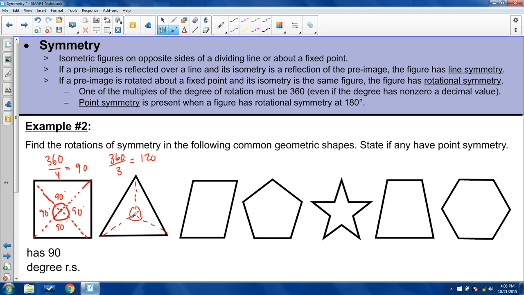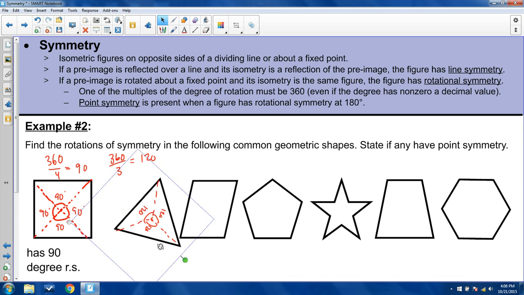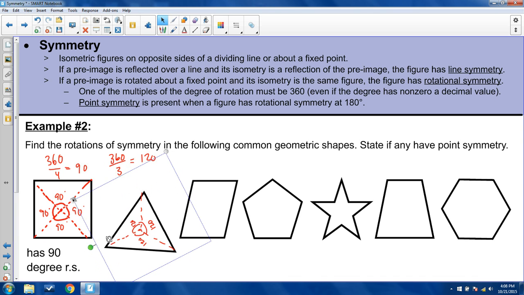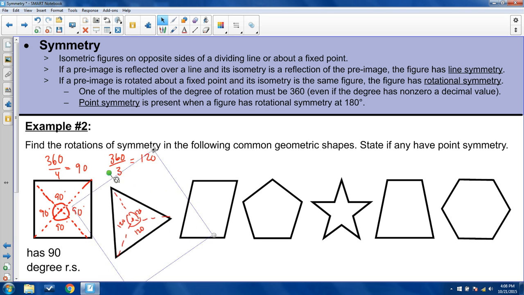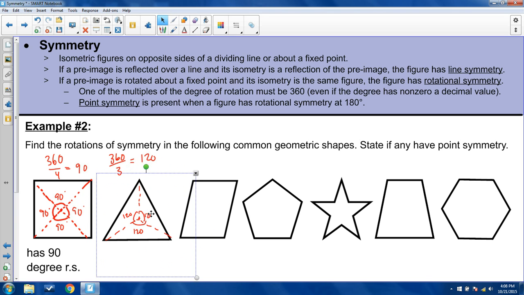There are 3 central angles, all congruent, so that gives you 120 per. So an equilateral triangle has rotational symmetry at 120 degrees. As you can see, as I keep rotating, it's kind of an off rotation, but as I rotate there, that's 120, 120, etc.